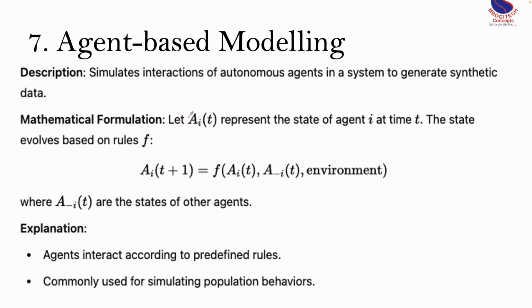I don't know if you can see this now. So A_i(t) represents the state of agent i at time t. The state evolves based on rules F. Yeah, so this is the formula here.